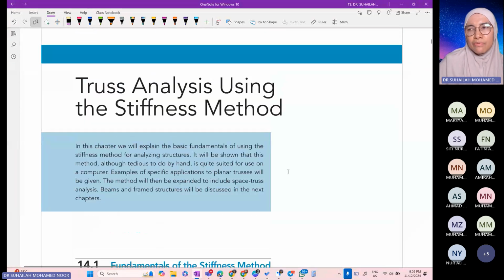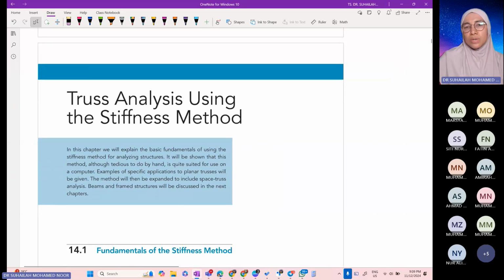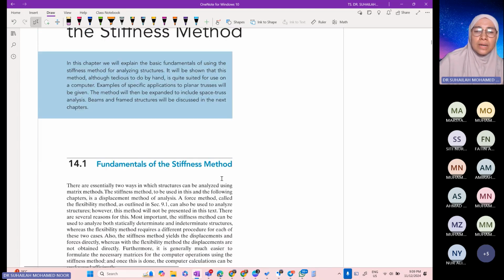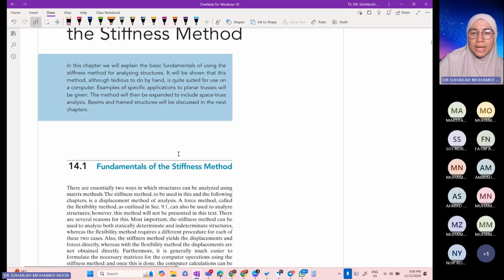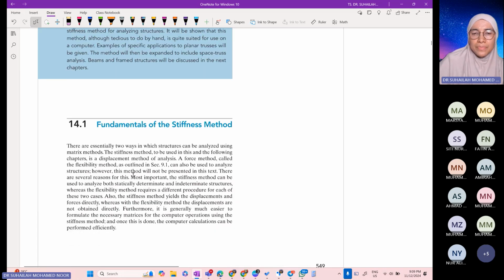So you have to read the books. This is the main reference, not the slide notes, because all the slide notes come from this book. This is one of the famous methods in the world in structural analysis. Tonight I want to go together with you all to see what is important and highlighted in the textbook.